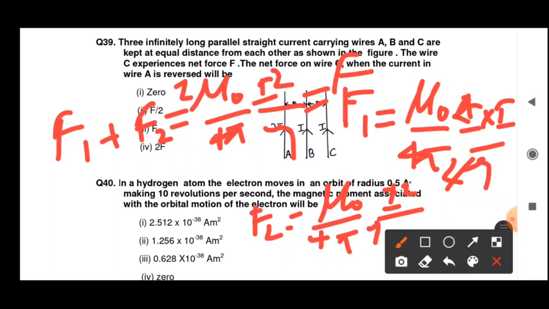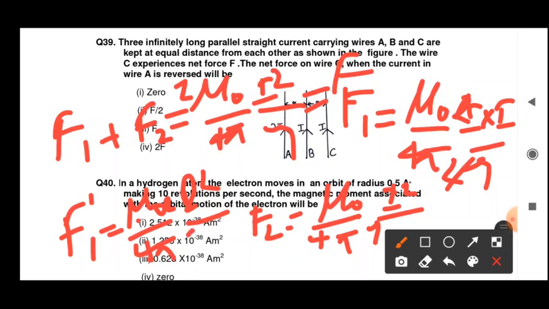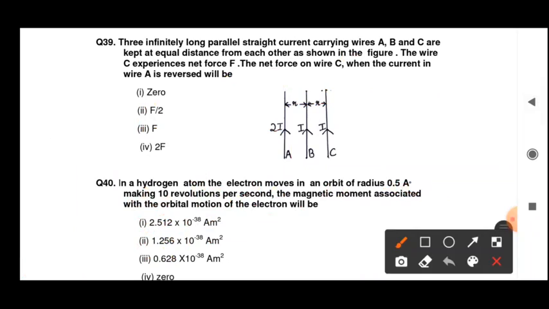Now in the figure, suppose F1' is the repulsive force between A and C. This F1' can be calculated as mu 0 upon 4 pi, 2I square upon 2R, and this is equal to F2 also. As F1 is equal to F2, the net force on C, that is F1 minus F2, is equal to 0.